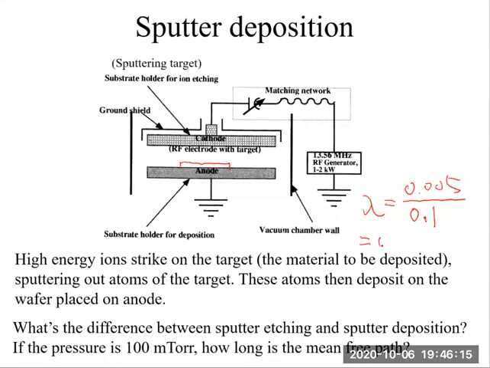So lambda is 0.05 centimeter, or 0.5 millimeter. It's a fairly short distance. This distance will be much shorter than the distance between the cathode and anode.